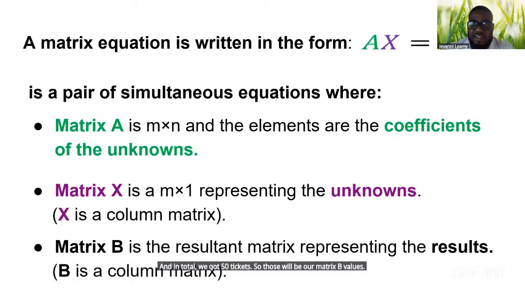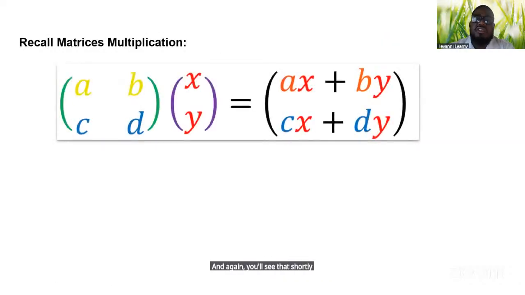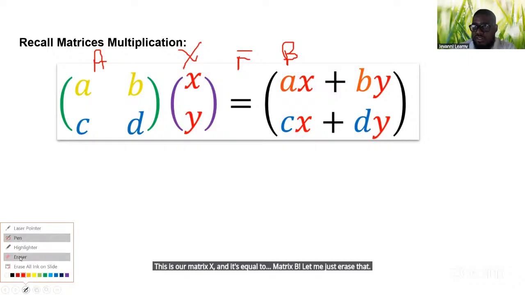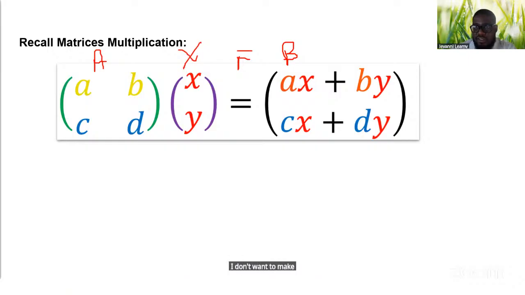And again, you'll see that shortly. So this is our matrix A. This is our matrix X, and it's equal to matrix B. Let me just erase that. I don't want to make that look like something it isn't.